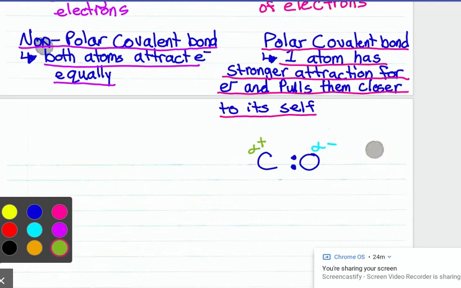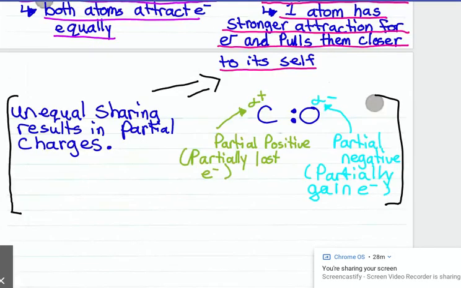It's not a complete positive charge because the electrons haven't been completely transferred. So our carbon becomes partially positively charged because it's partially lost the electrons, and the oxygen is partially negatively charged because it's partially gained the electrons. So this unequal sharing results in partial charges.